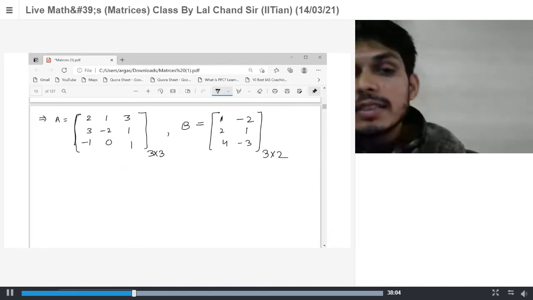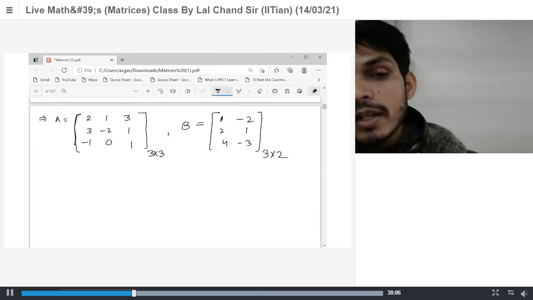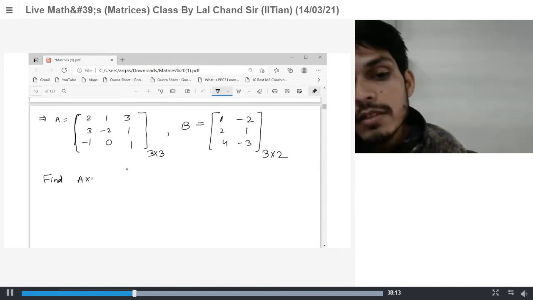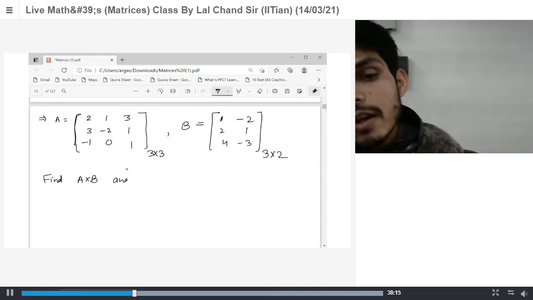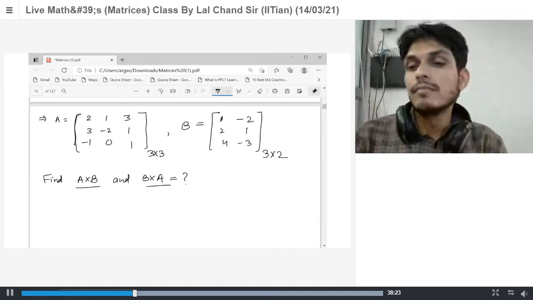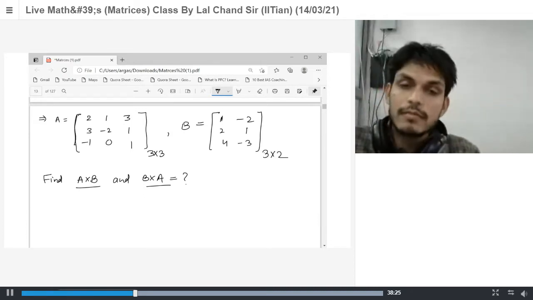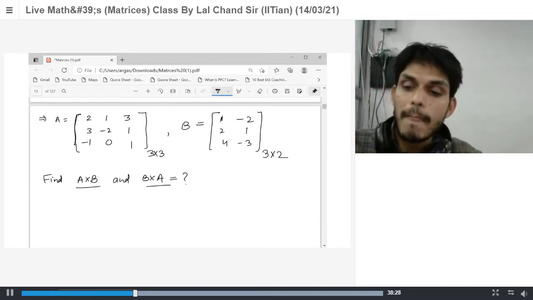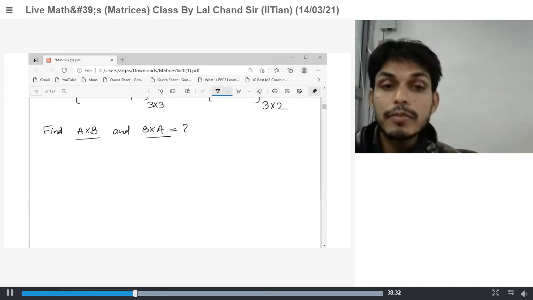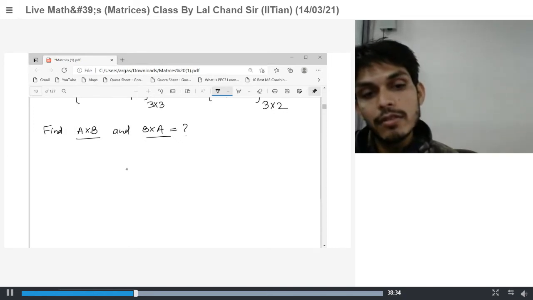So now let us check whether they are compatible for multiplication. We need to find out A cross B and B cross A. Let us check whether A cross B is defined or not.